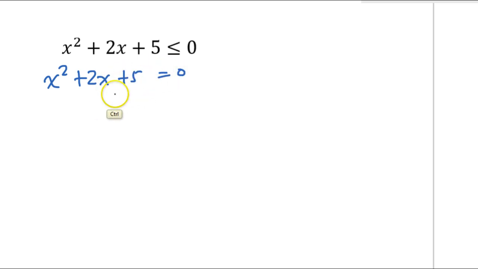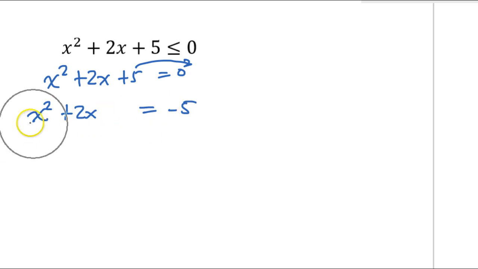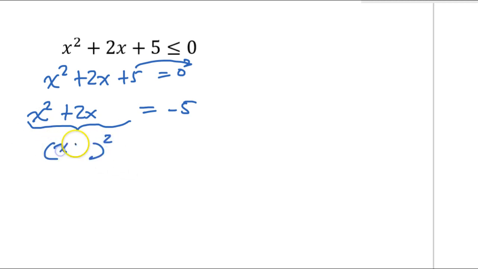But this time I'm going to complete the square. I'm going to get that 5 out of there. So that would be x squared plus 2x, leave a space, negative 5. This trinomial, including the missing term here, can be written as a binomial squared. The binomial will be x plus 1. Where'd the 1 come from?